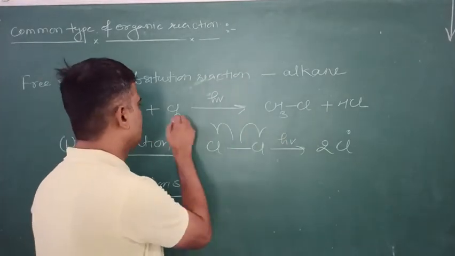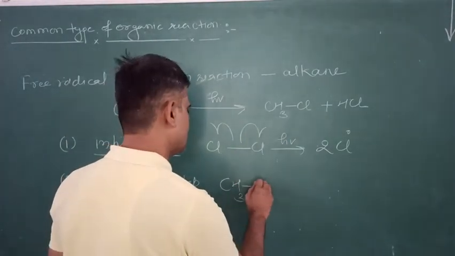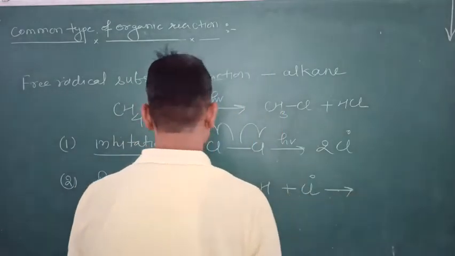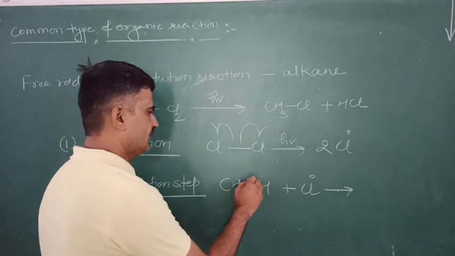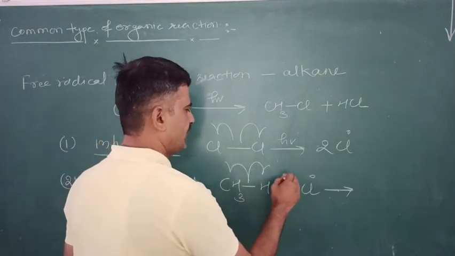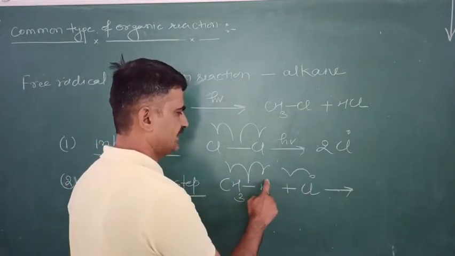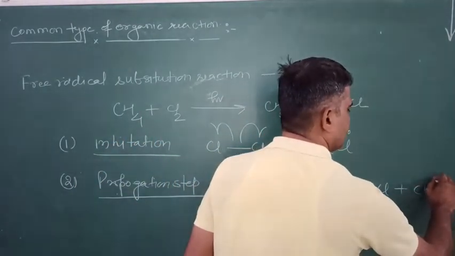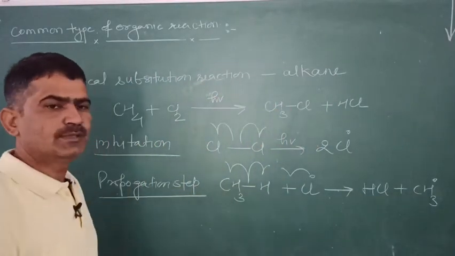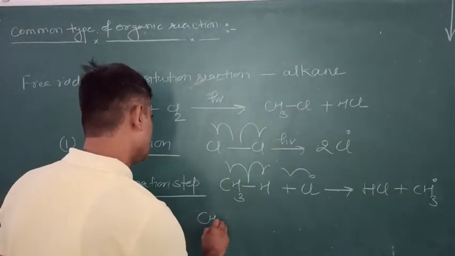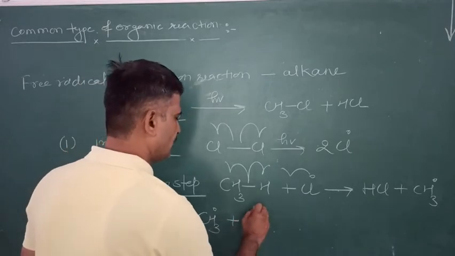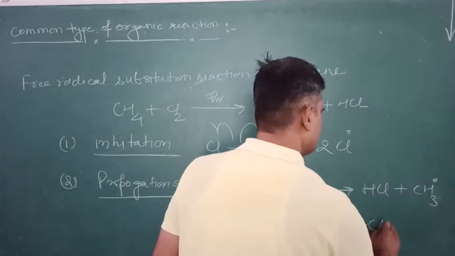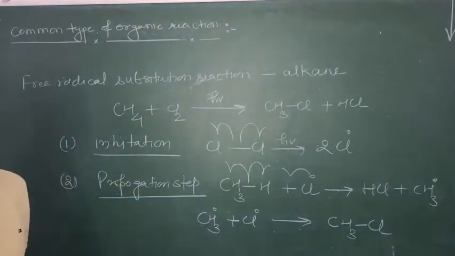In that, this methane molecule reacts with this chlorine free radical, and it forms HCl and along with it produces a methyl free radical. This methyl free radical reacts with a chlorine free radical and gives methyl chloride. This is the second step.